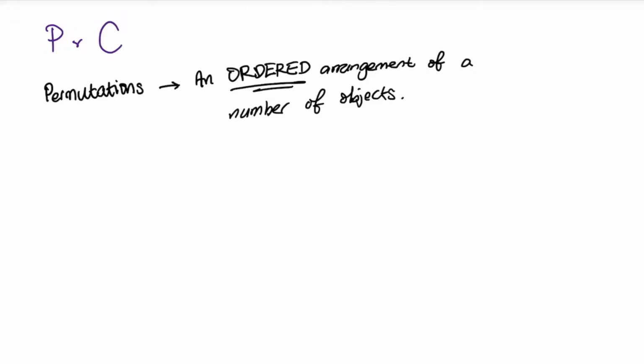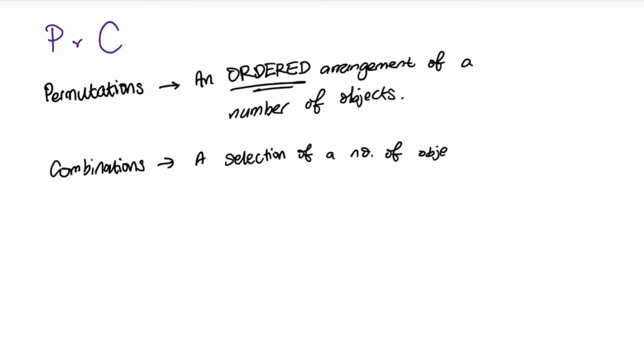On the other hand, the definition of a combination is a selection. Combination and selection can be used interchangeably. It is a selection of a number of objects from a given set, where the order of selection is not important.